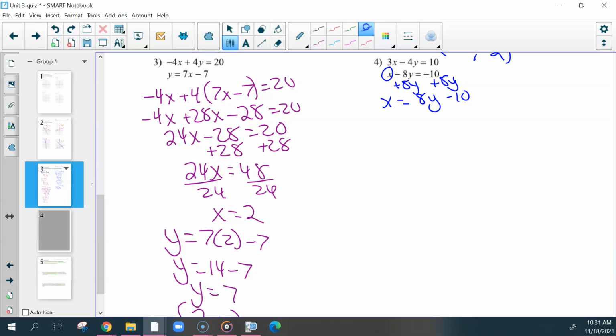And then once you have an equation that is x or y equals, you can put that back into the other. So now that it is x equals, we can put that back into the first one. 3 times 8y minus 10 minus 4y equals 10.